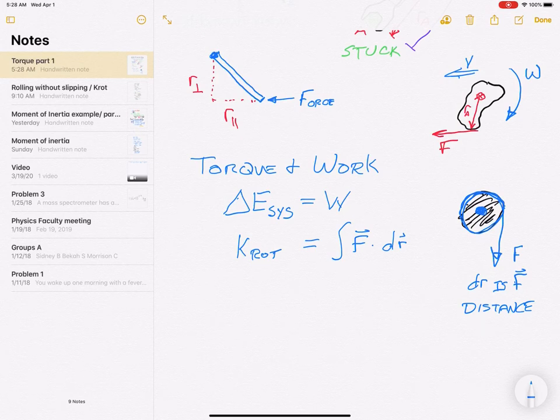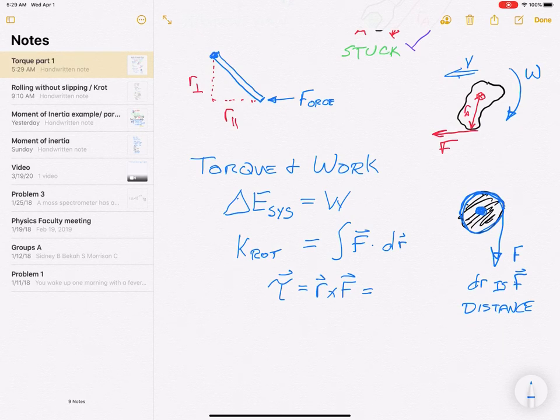So first, for both of these pictures, you can take a generic torque that has a vector equal to R cross F. And since these pictures are in the XY plane, the torque itself needs to be perpendicular.